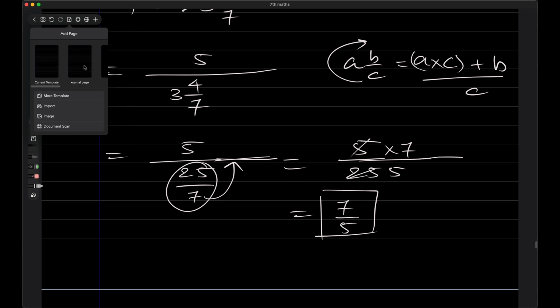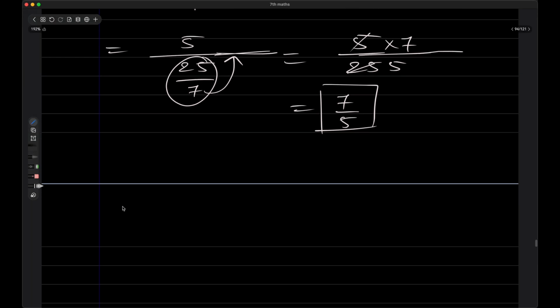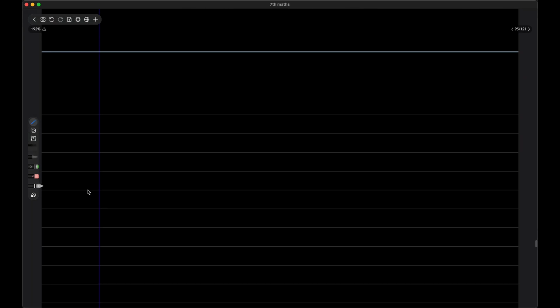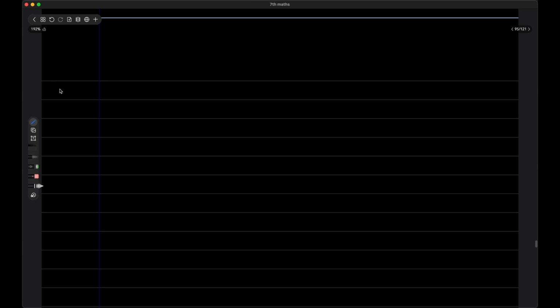Now question number 2. We have to find the reciprocal of each of the fractions.